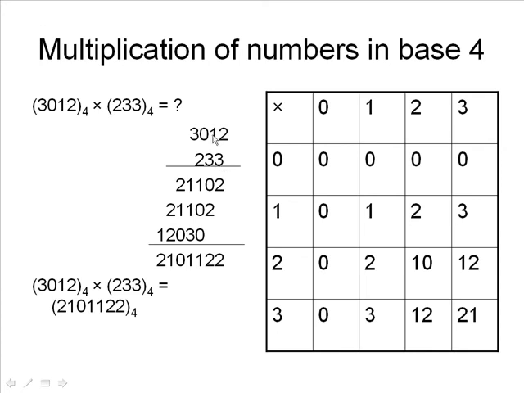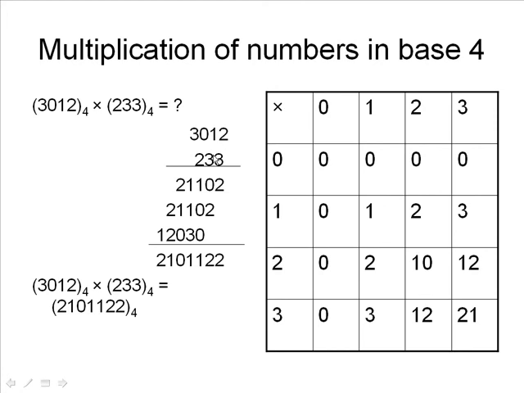And 3 times 1 is 3, plus the 1 we carry makes 4, which is 10. So we write down 0 and carry 1. 3 times 0 is 0, plus the 1 we carry is 1. And 3 times 3, check the table, is 21. So we write down 21.